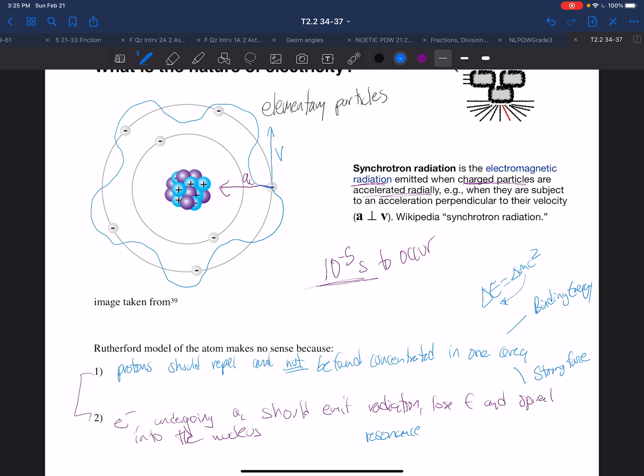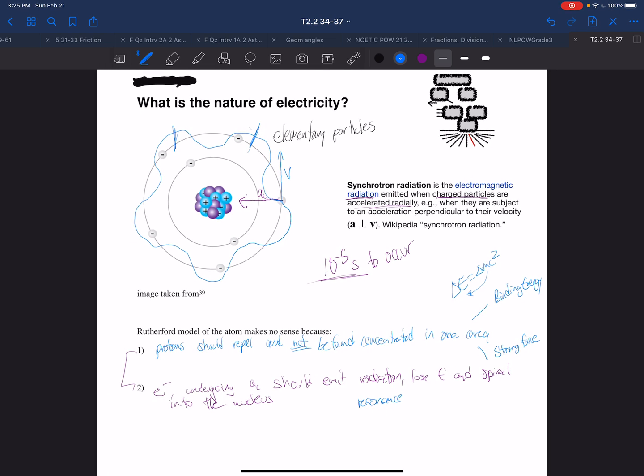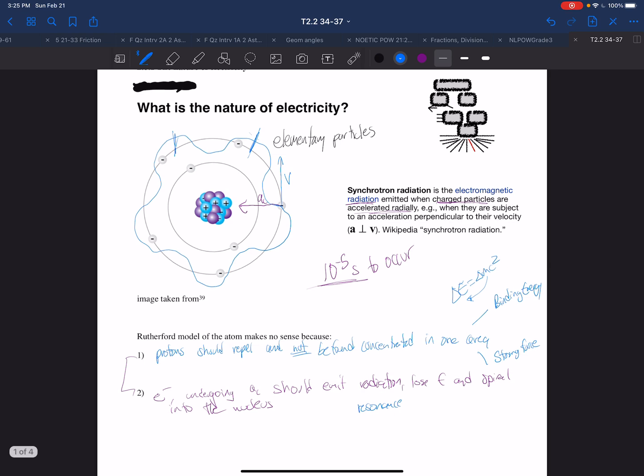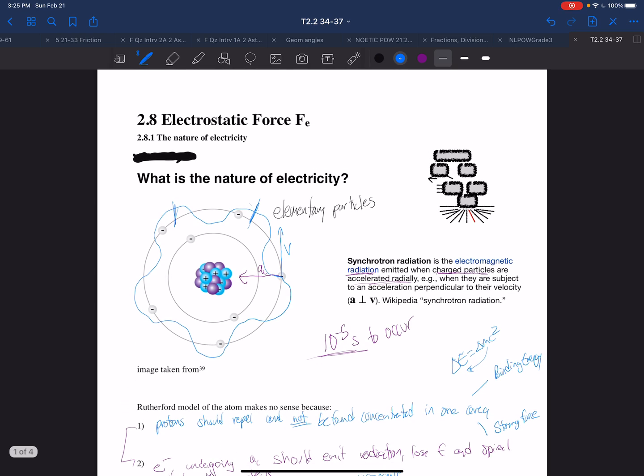So the particle was actually a wave, and as it traveled around, if it were an equal multiple of the wavelength being from here to here, one wave, then it would reinforce each other. So anyway, those were fundamental problems with the model of an atom. But in any case, electrostatic force is about these charges that we already know about.